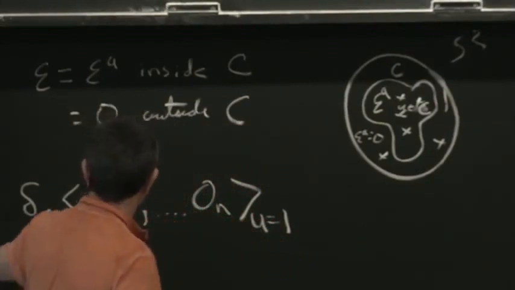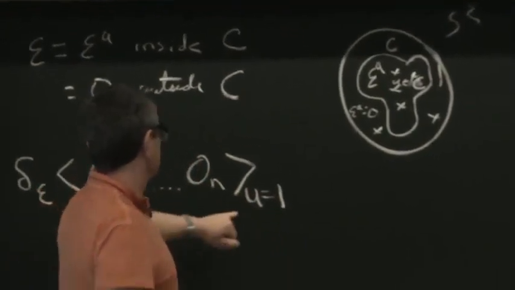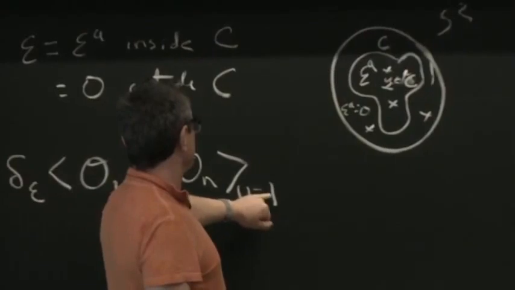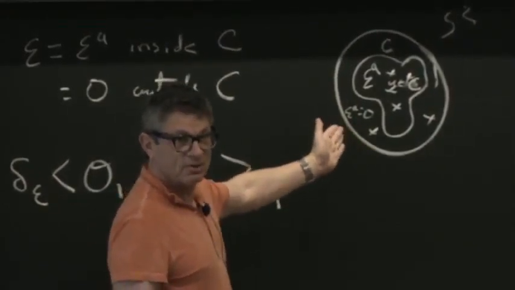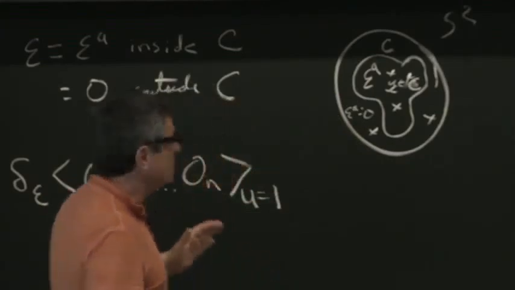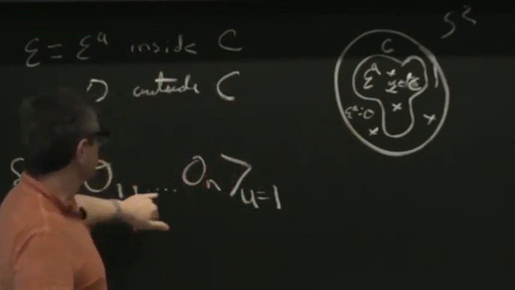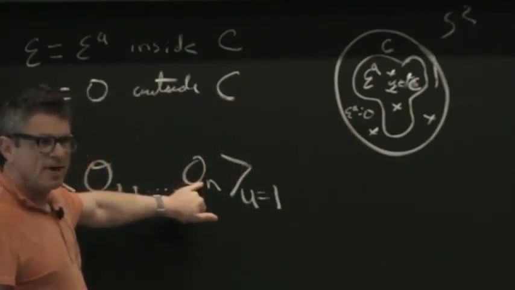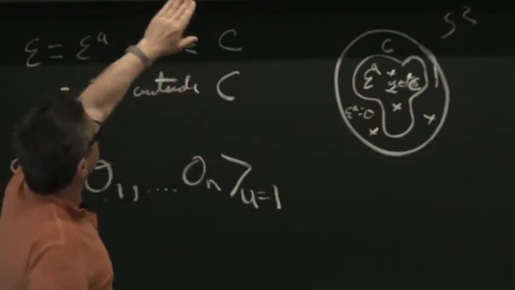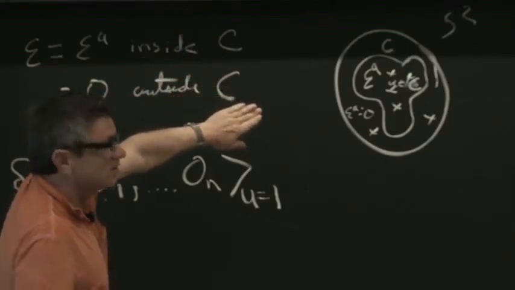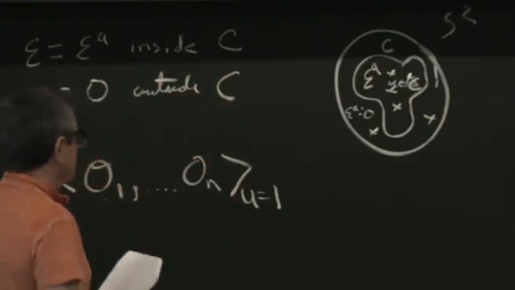So I do an infinitesimal gauge transformation. That is, by that I mean evaluate it at u equals 1 plus iε, subtract from that the value at u equals 1. Well, what is that going to do? Well, that's going to infinitesimally transform every operator that lies inside the contour, because my gauge parameter is only non-zero inside the contour.